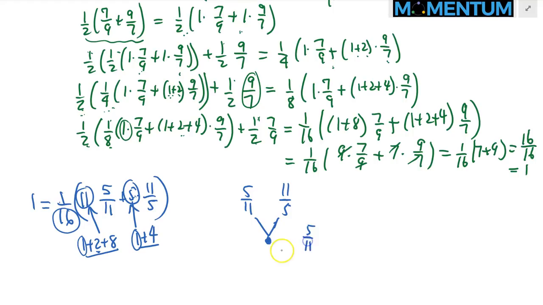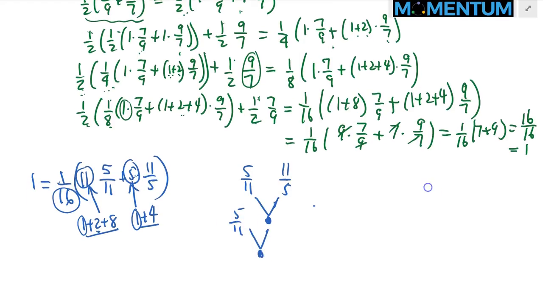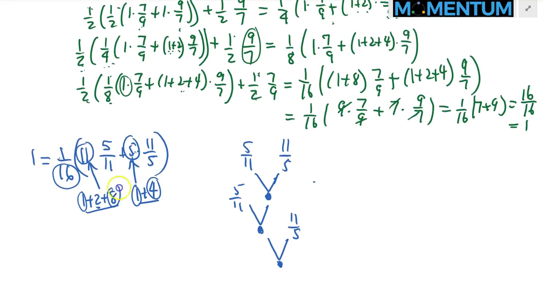So mixture and 5 over 11. Okay, let's use the left side for that. Mixture and 5 over 11 will give me a new mixture. And then I will need 11 over 5 this time. So mixture and 11 over 5 will give me yet a new mixture. And then finally 5 over 11 again. The resulting mixture and 5 over 11 will give me the remaining mixture.